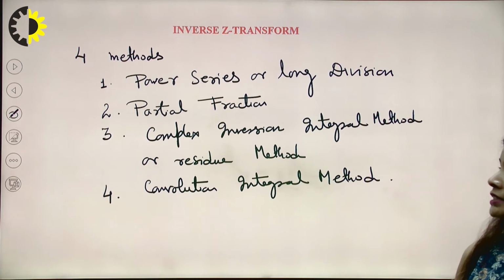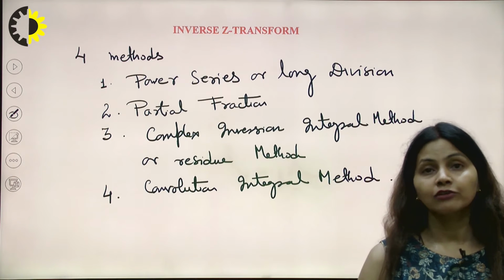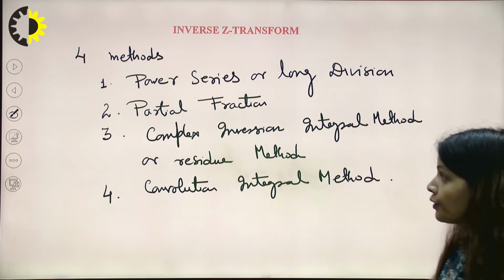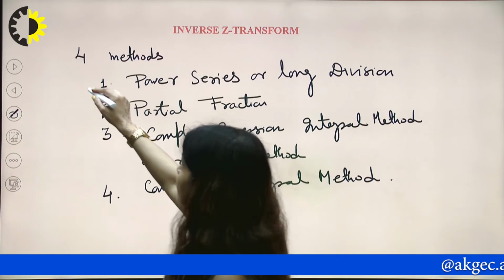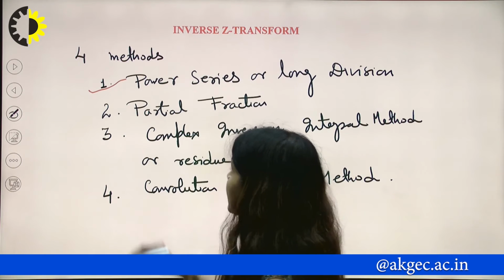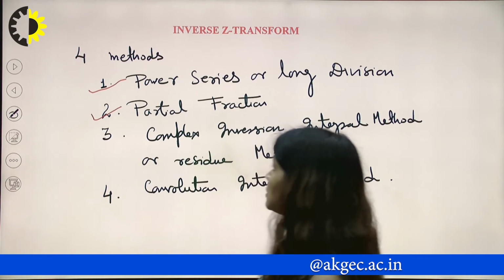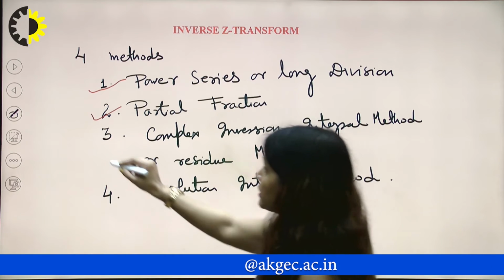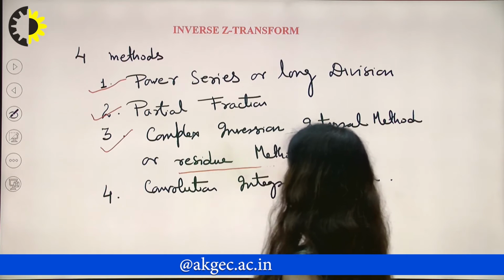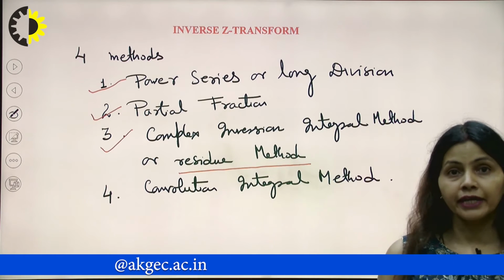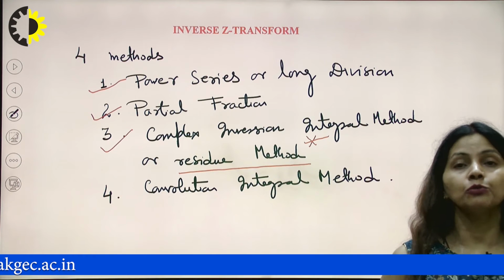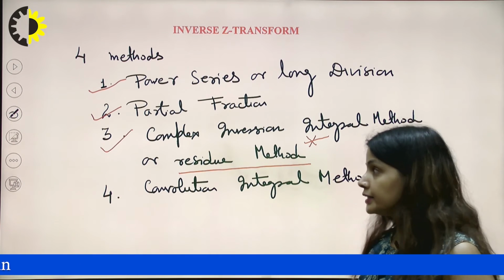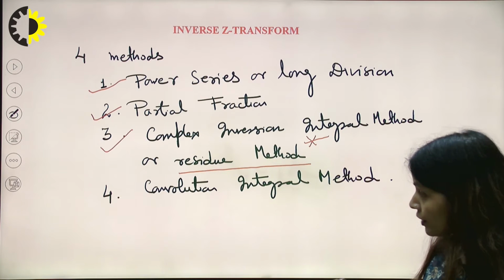There are basically 4 methods for calculation of the inverse Z transform. We will see them one by one. The first method is power series expansion. The second method is partial fraction. The third method is of greatest use, it is important and can be applied to calculate all the IZTs for the given functions or X(z).